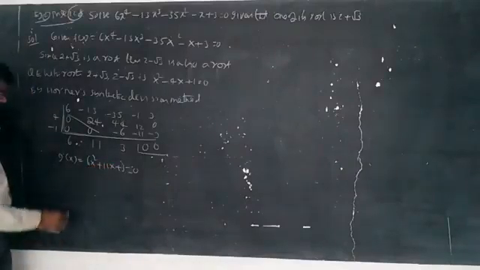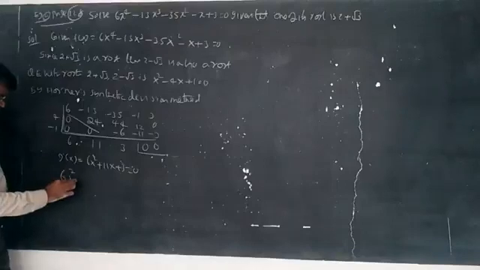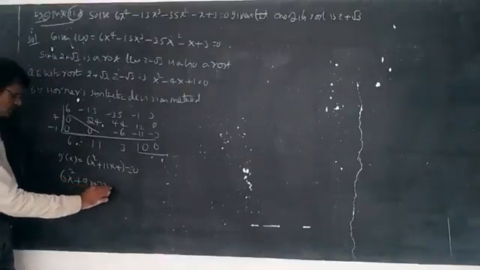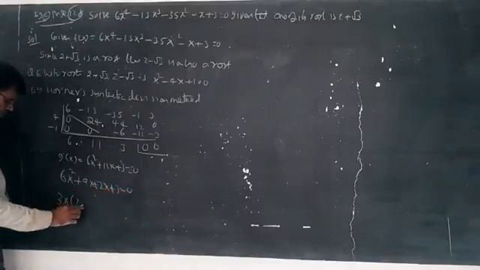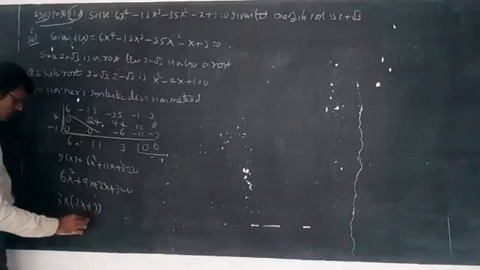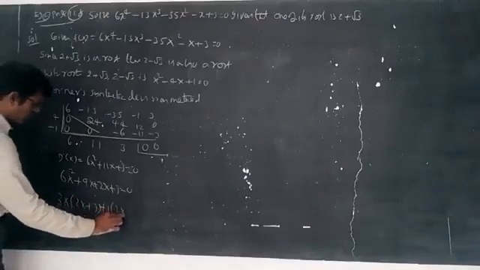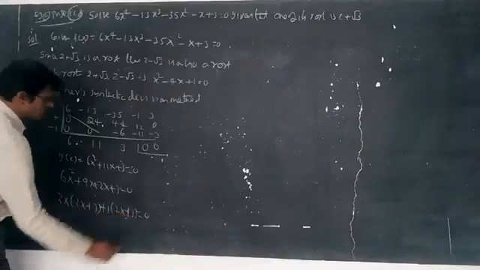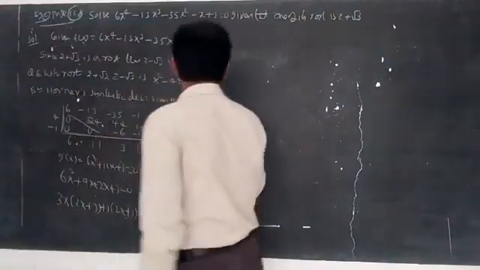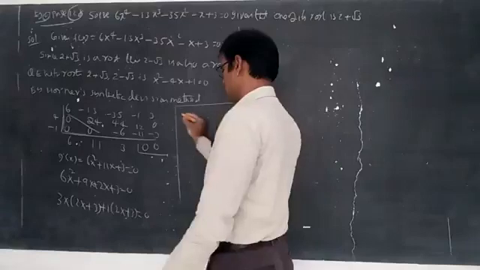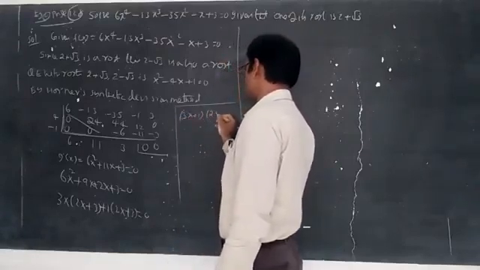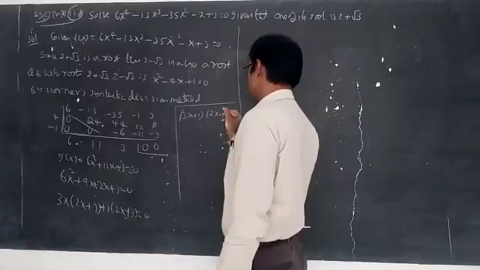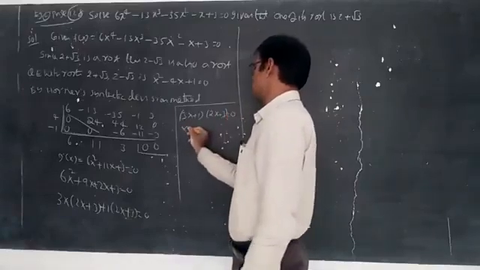6 threes are 18, 9 twos are 18. Factors are there. 6x square plus 9x plus 2x plus 3 equal to 0. Take 3x common here, it becomes 2x plus 3, and take 1 common here, it becomes 2x plus 3 equal to 0. Now you can write 3x plus 1 into 2x plus 3 equal to 0.